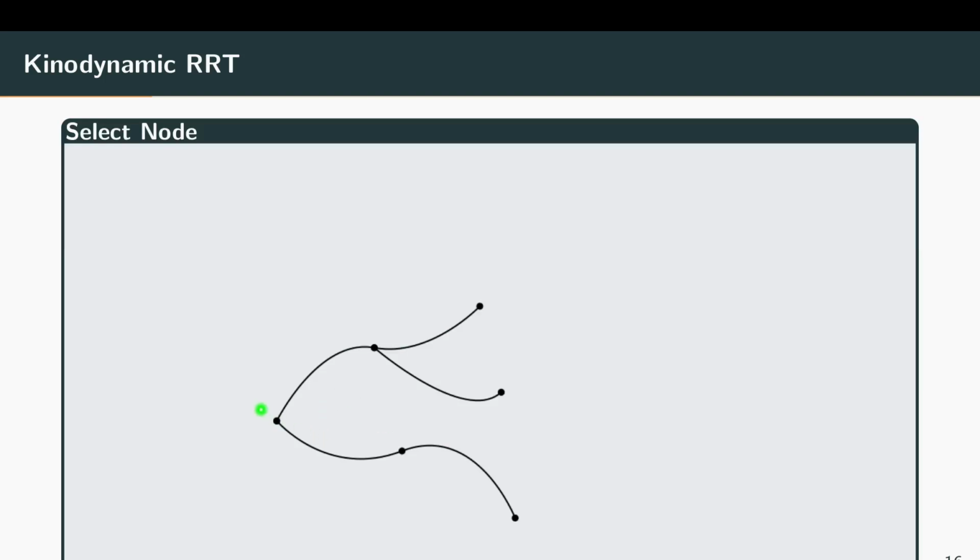So let's assume we already have a tree that has these nodes in here. Then the selection procedure would do what exactly in RRT? So how would you now figure out which node to select and how to grow your tree?